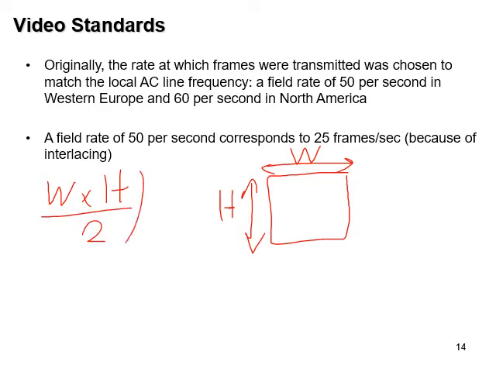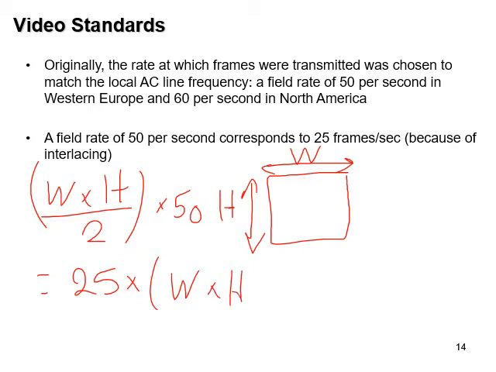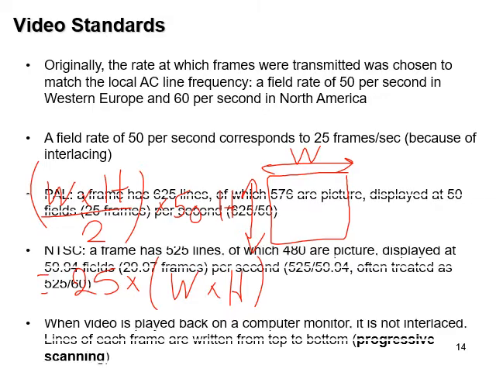And we have 50 of those per second. So it's as if you have 25 multiplied by W times H, as if you have 25 full frames per second being transmitted. You are transmitting 50, but 50 halves. So a field rate of 50 per second corresponds to 25 frames per second because of the interlacing.